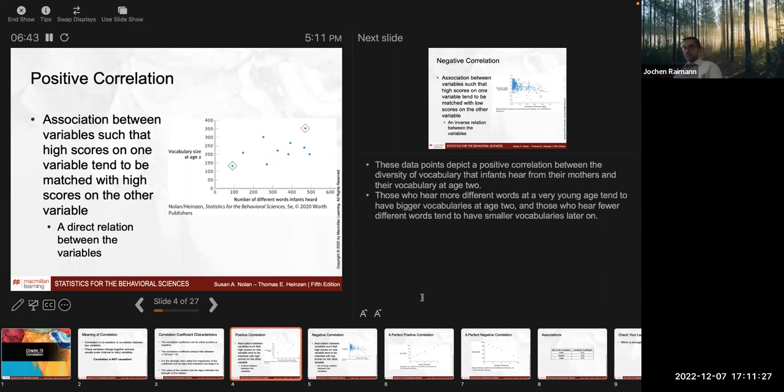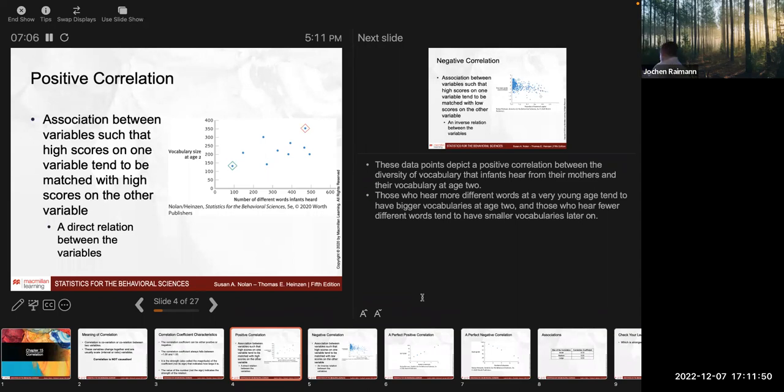Makes sense intrinsically, right? That causal relationship actually sounds kind of reasonable. But nevertheless, based on the correlation that we may find here, which is positive in nature, because the vocabulary size will increase with the increase of words that the infant heard, it is a positive relationship with a likely causal relationship.